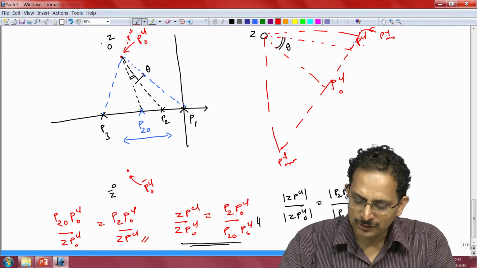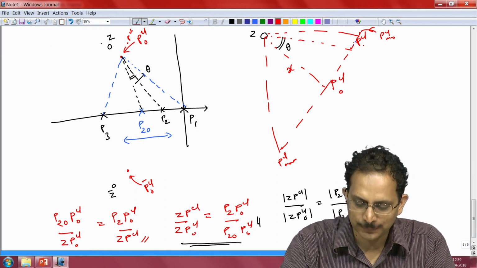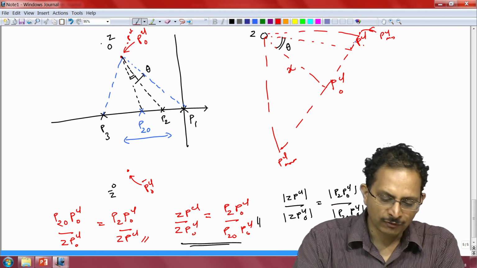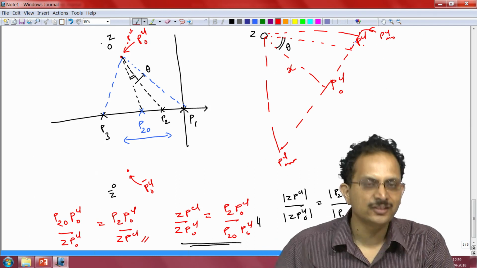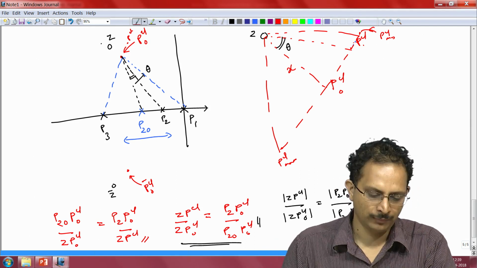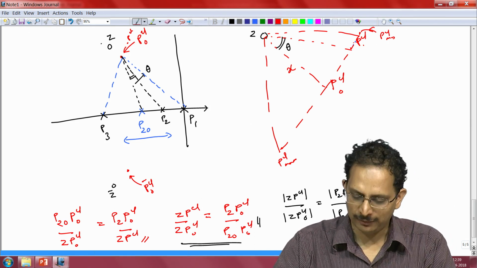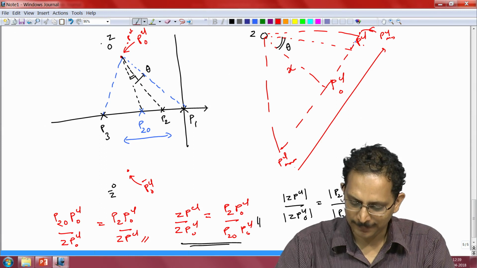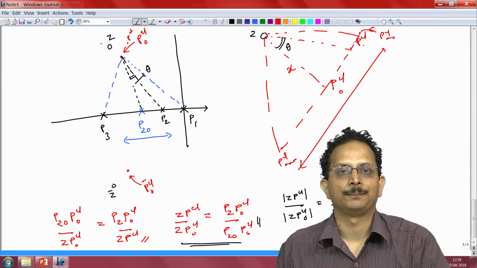Now, if the distance from the point Z to the point PCL naught is x, then from the similar triangles that we just drew, this distance x is proportional to the distance PCL naught P2 naught, and the distance PCL max PCL min, which is given by this distance here, is proportional to the distance P3 P1.